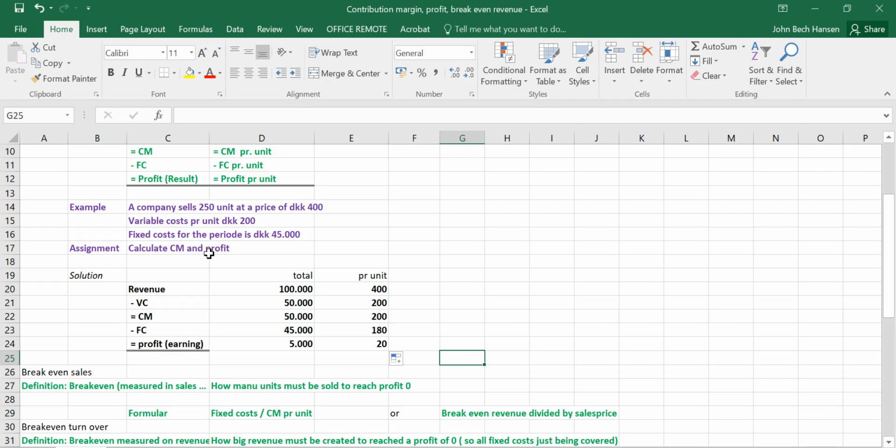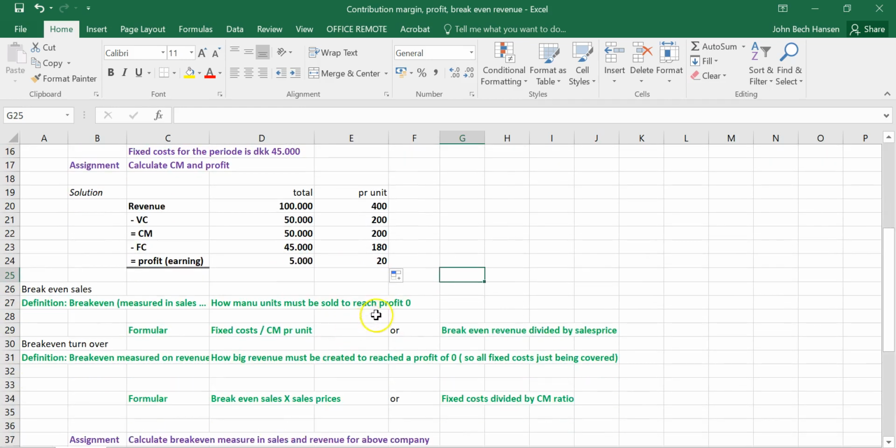Every month we have a fixed cost, rent, salary, and so in total of 45,000. And every month we'll make this contribution margin. Then we can say every month we'll have a profit of 5,000 after our salaries, perhaps our own salaries also, have been covered.